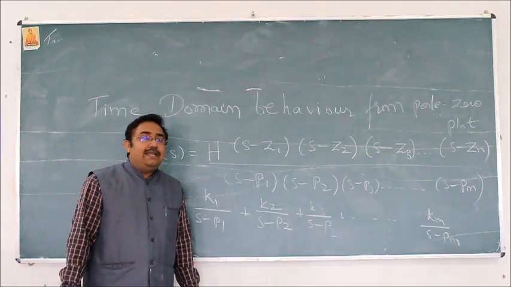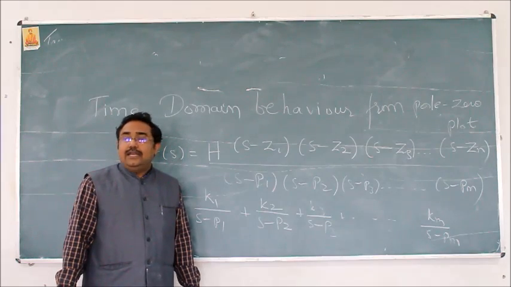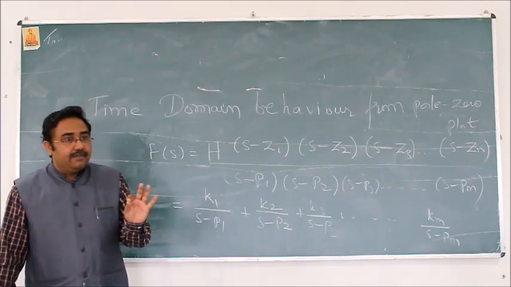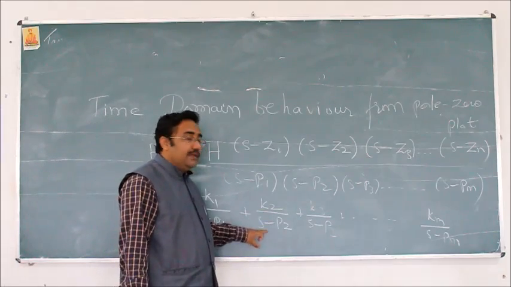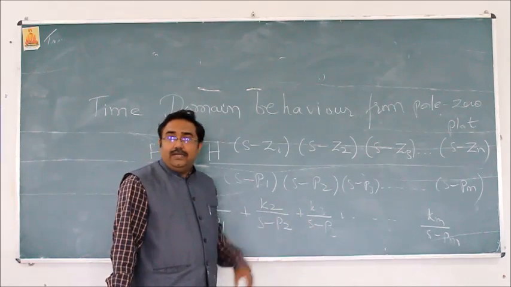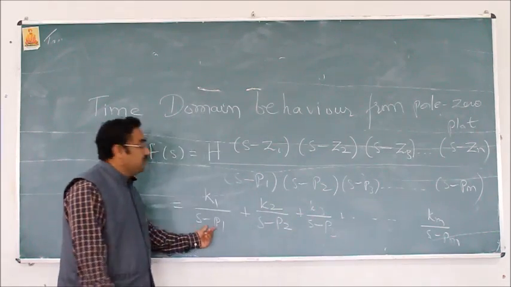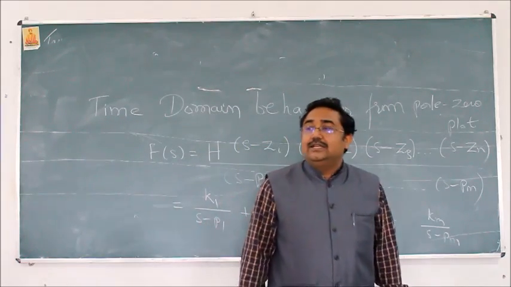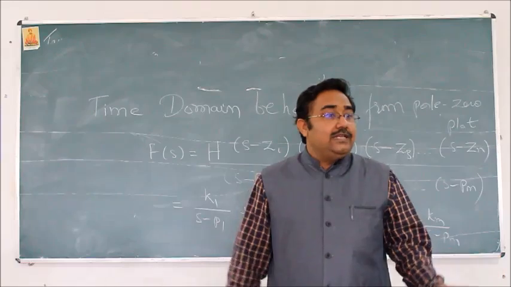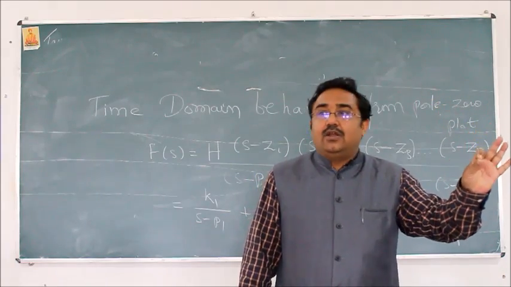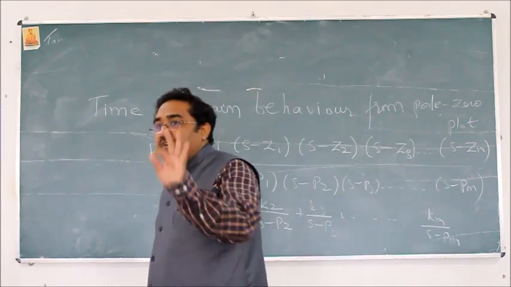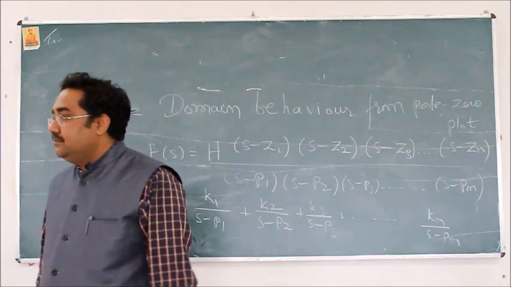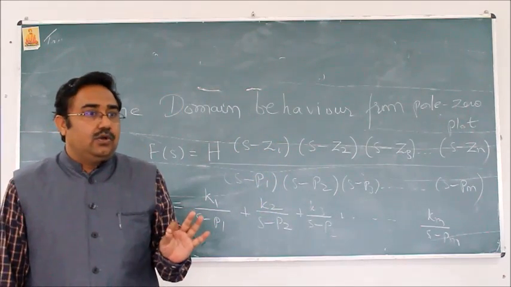K1 multiplied by e raised to the power minus p1 t. Similarly here, k2 e raised to the power minus p2 t. What is s equal to p1, what is s equal to p2, and what is s equal to p3? These are the poles. Hence the time domain behavior of the system is very much affected by the poles of the system. Keep this in mind.